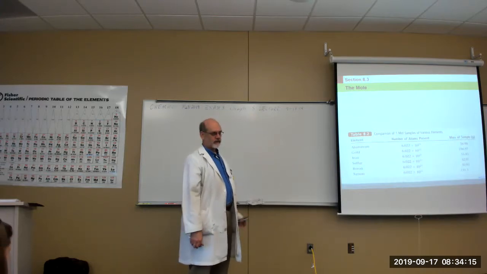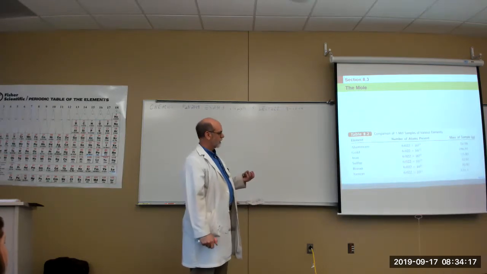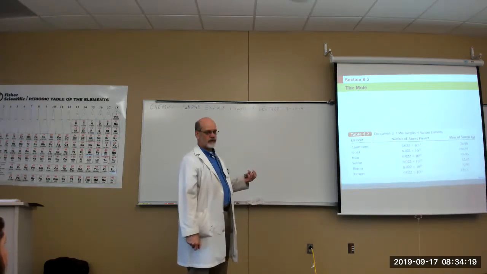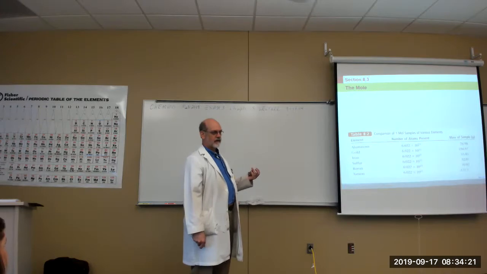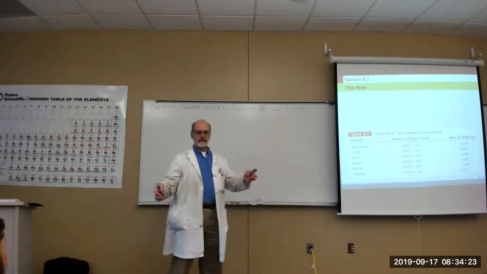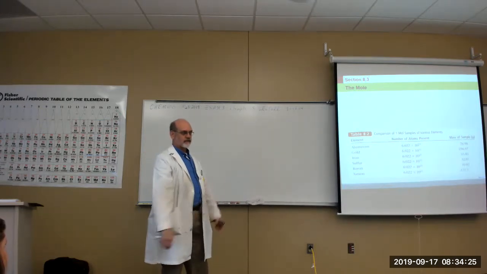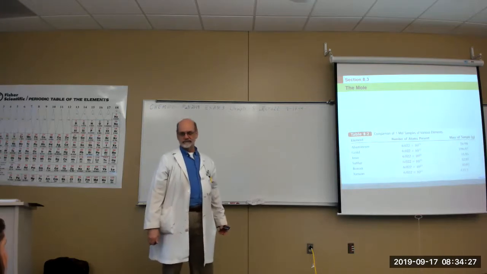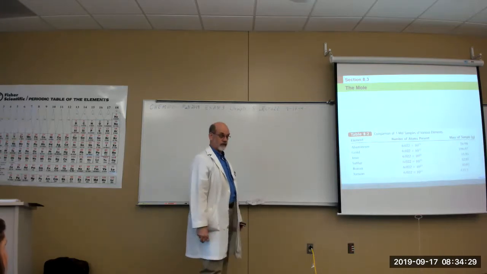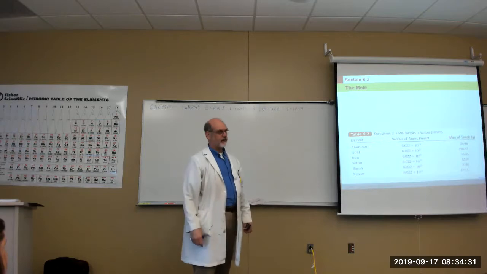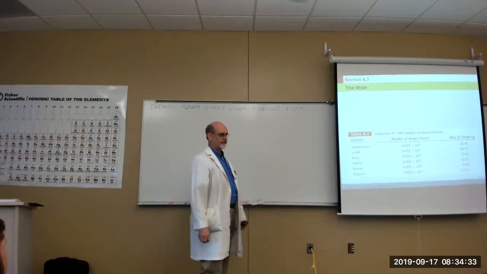In fact, the royalty of Europe used to show how rich and powerful they were by having their state dinners using aluminum flatware. They didn't use gold, they used aluminum. That was more impressive because everybody knew how much aluminum costs.